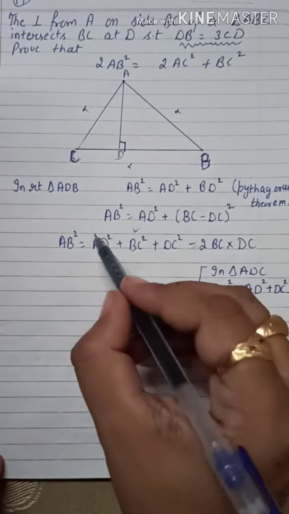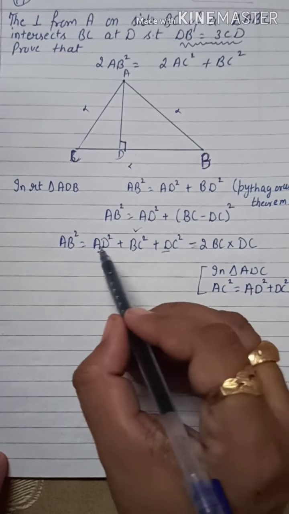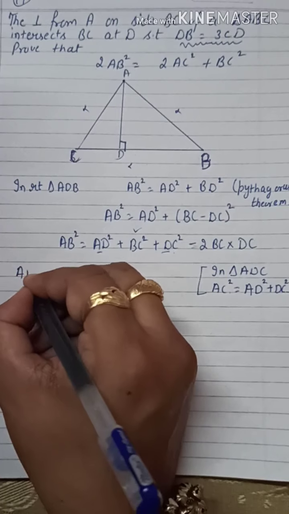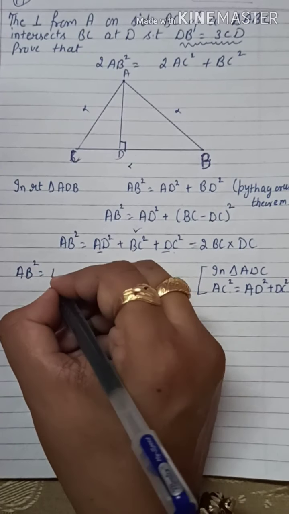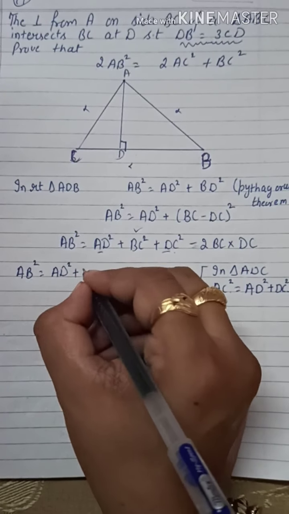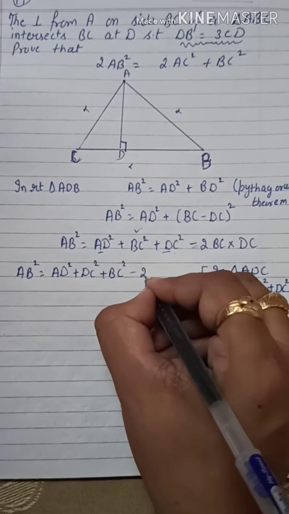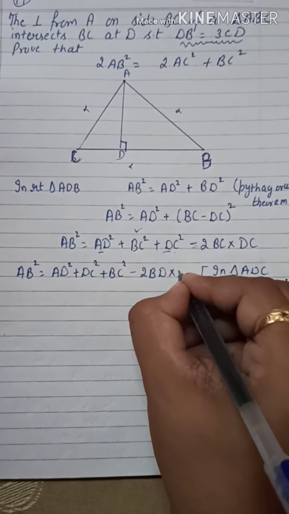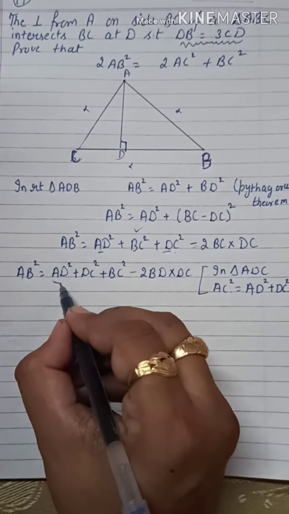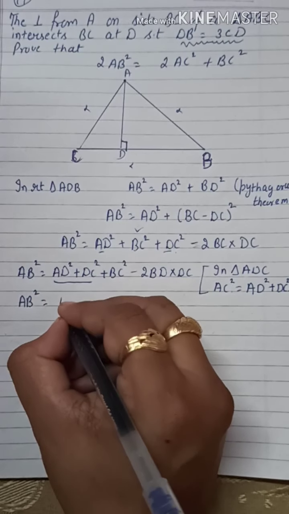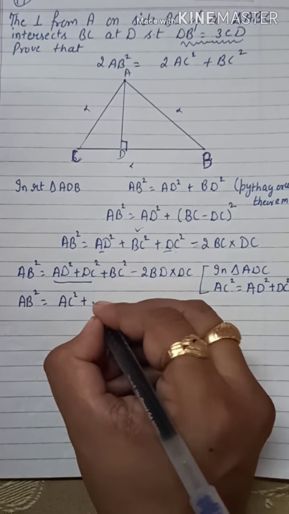So AD square is this one and DC square is this one. If I add these two, I will easily get AC square. AB square equals AD square plus DC square plus BC square minus 2BD into DC, which gives AC square plus BC square.